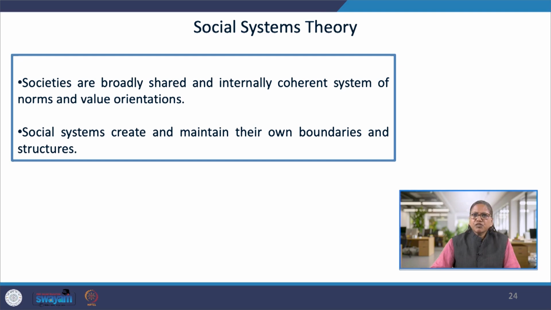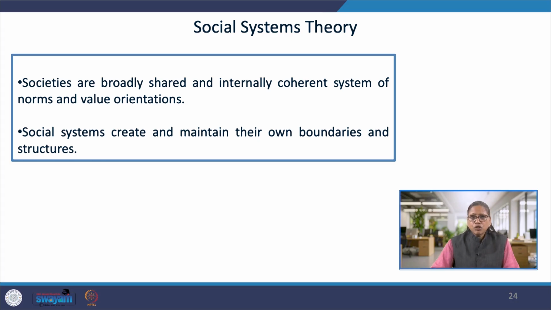Contribution of distinguished scholars: Talcott Parsons, 1902 to 1979. Societies are broadly shared and internally coherent systems of norms and value orientation. Within the organization, there are different dominant cultures, and within this normative system of norms, cultures and traditions, social cooperation is required for social systems integration.